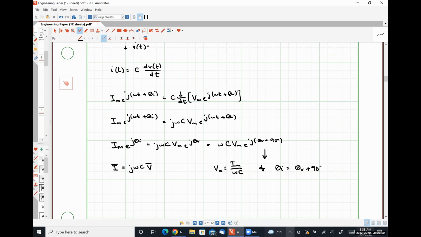So these are our frequency domain relationships for resistors, inductors, and capacitors. Okay. Anybody have any questions on this before we move on to our next kind of miniature topic for the day?